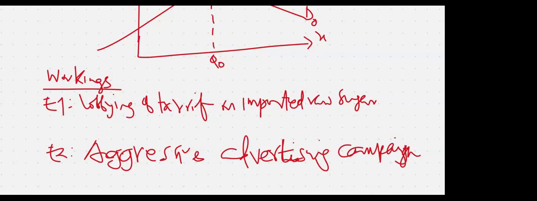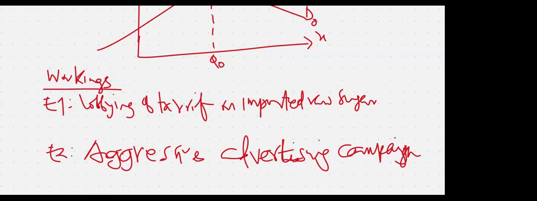It can also cause us not to produce more, because if the cost of production is high, because the imported raw material is high, then we may not be able to produce more. Or the price of the imported raw sugar would also increase.